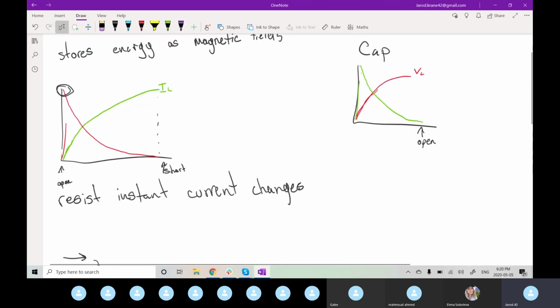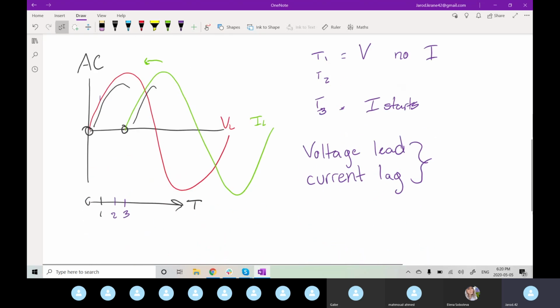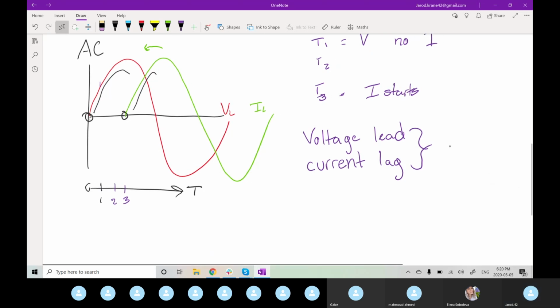For DC signals, all it is is turn on. You'll see the spike, you'll see the current slowly build up, and then it goes to its normal operation. So in that case, we don't really care for DC signals, which is basically all we're dealing with.